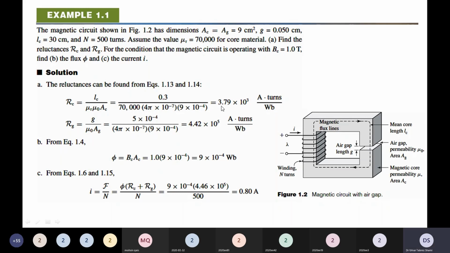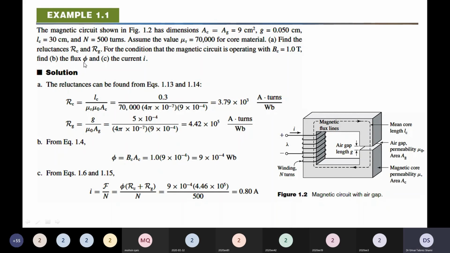Now we come to the reluctance of the gap. Reluctance of the air gap using the same formula, we will find equal to 4.44 times 10 to the power 5 ampere turns per Weber. Now part B is the total flux. How do we find the total flux?